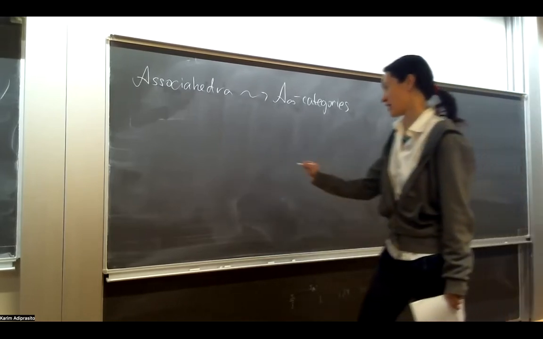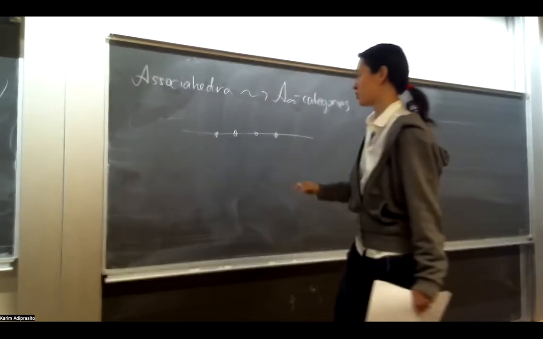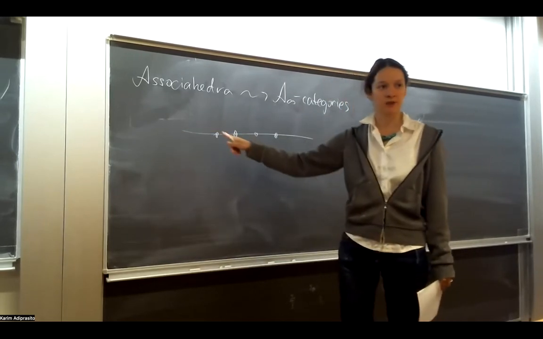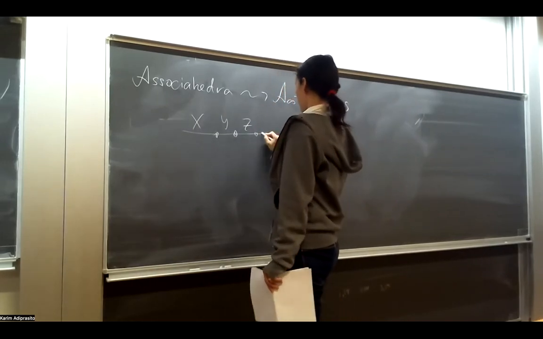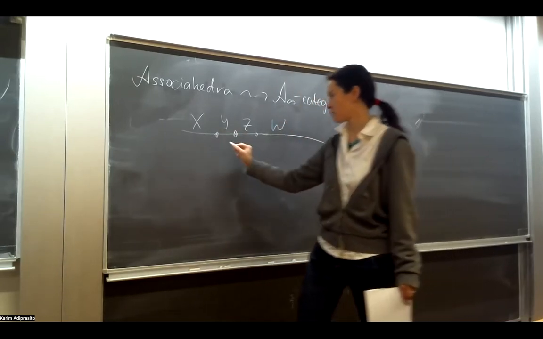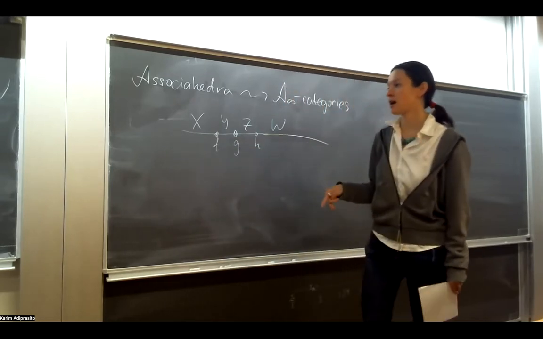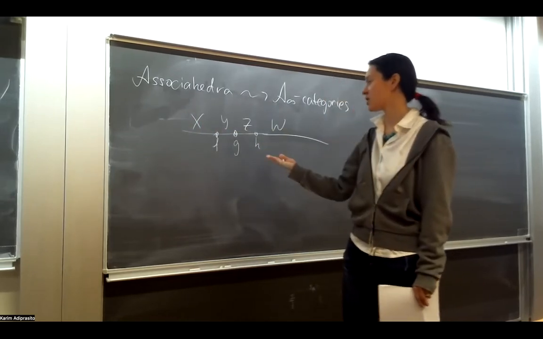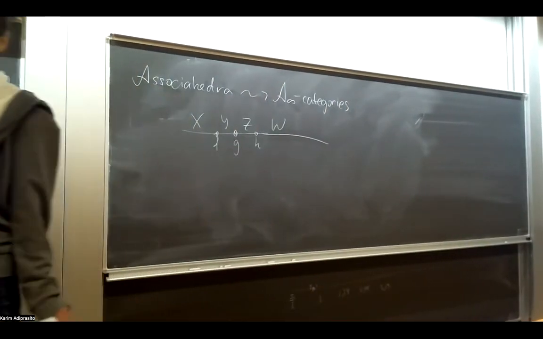So then for a combination of points, you put an object of an A infinity category into every stretch of line. So X here, Y here, W here, and for every point, you have a morphism, F here, G here, H here, and then a stratum in the associahedron tells you how exactly you compose those morphisms, so what operations you apply to them.